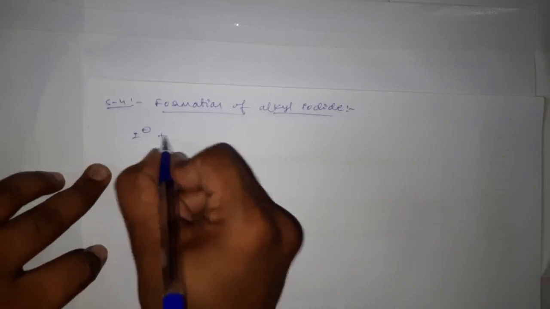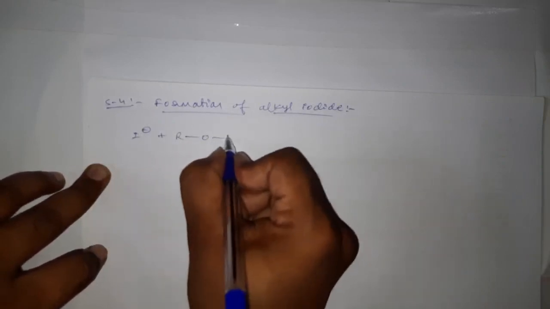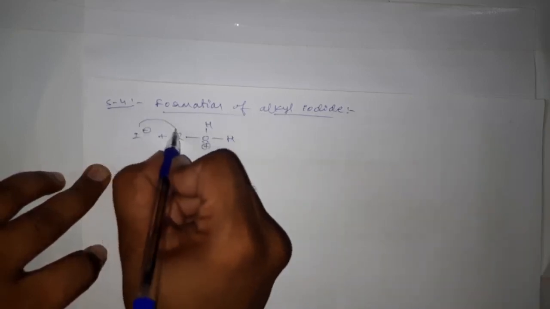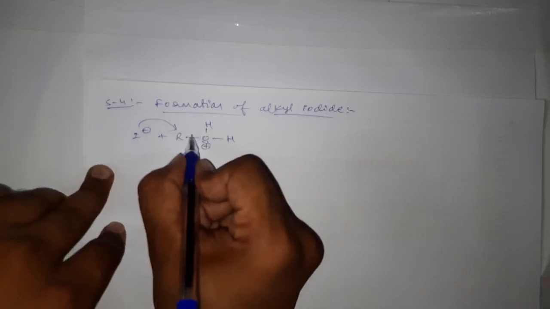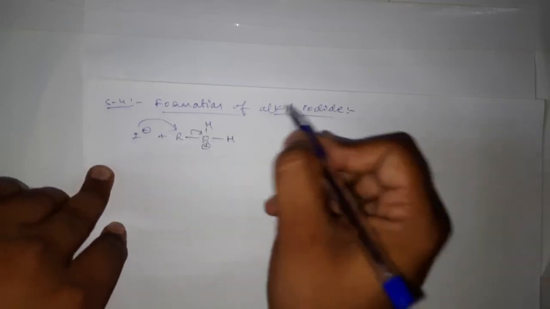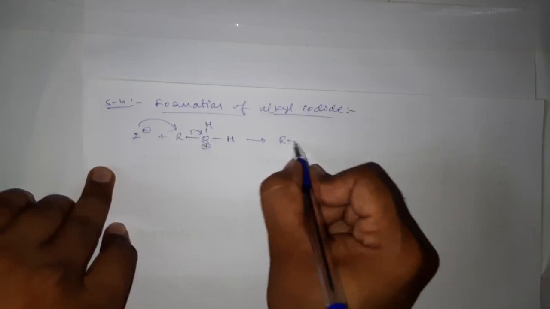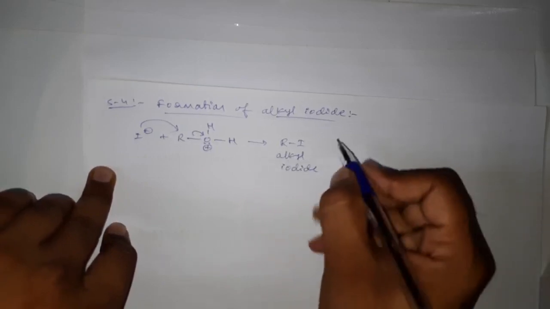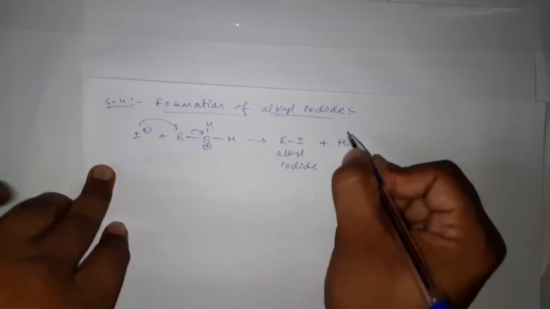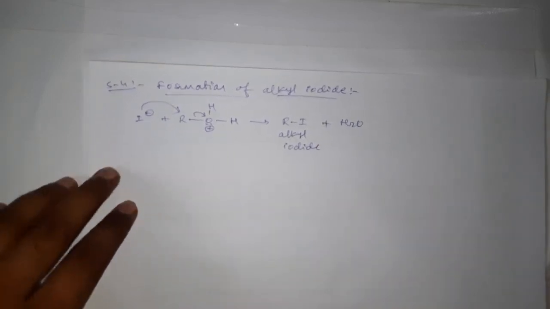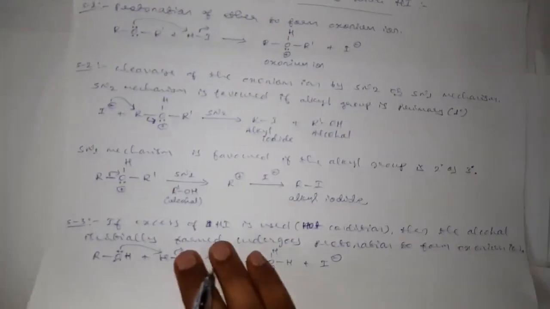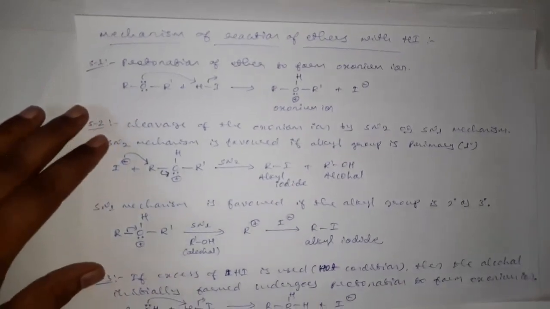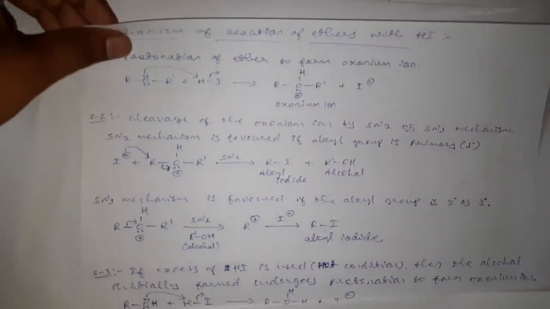This iodide is now attacking on the oxonium ion, the alkyl group of an oxonium ion, and this bonded pair of electrons will now move towards oxygen, and hence here we will get RI, that is alkyl iodide, plus water. Okay, this is the last step. These 4 are the steps in the mechanism of reaction of ethers with hydroiodic acid.